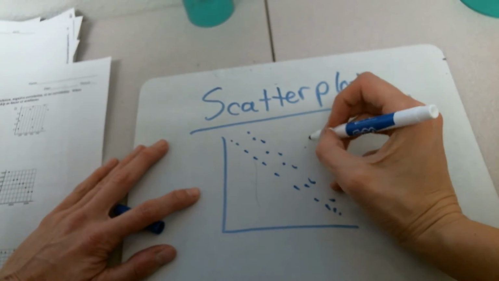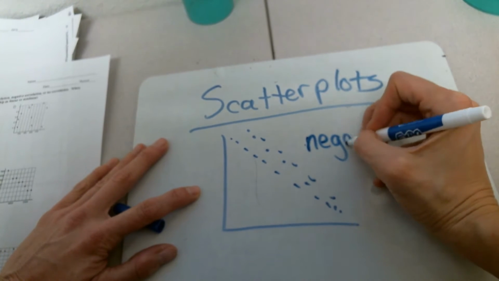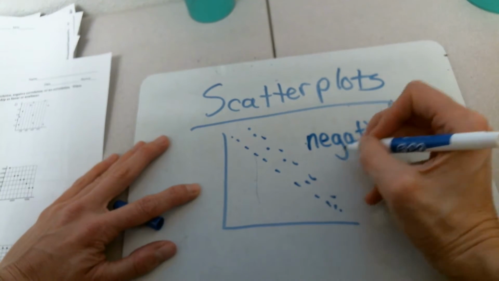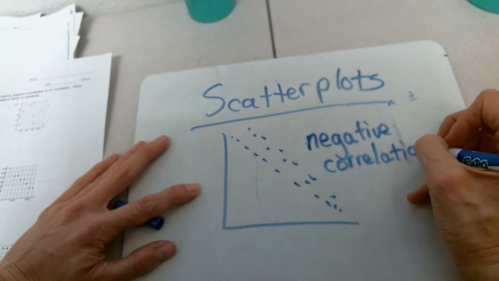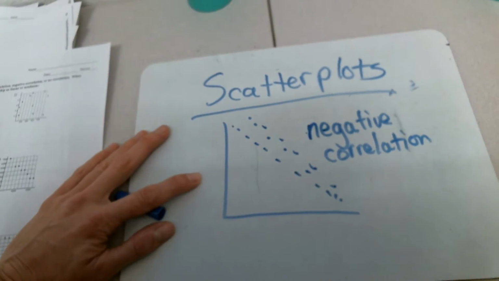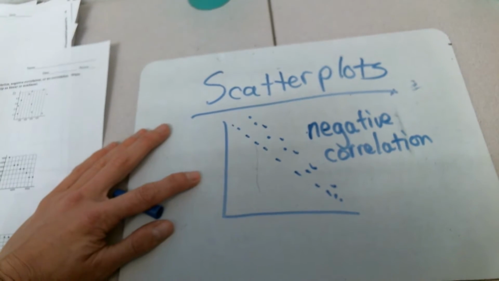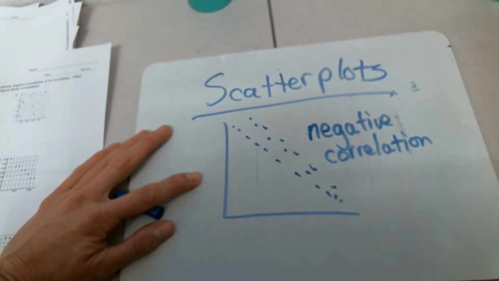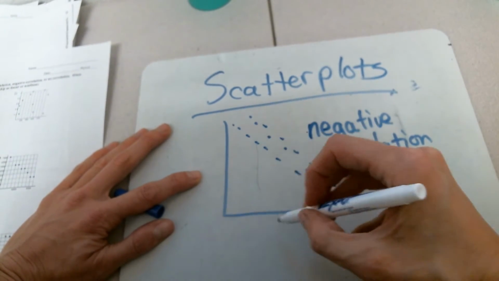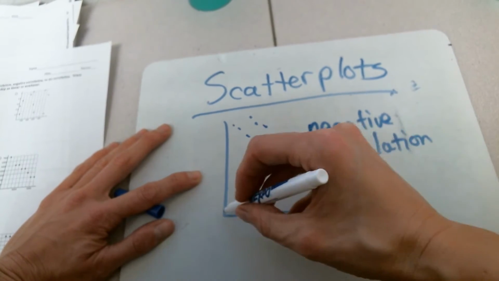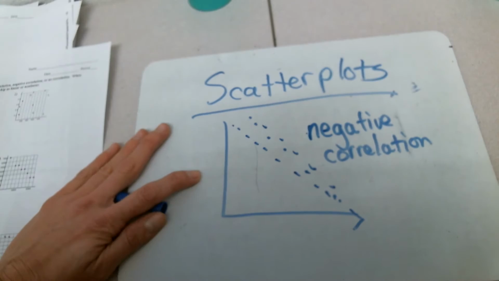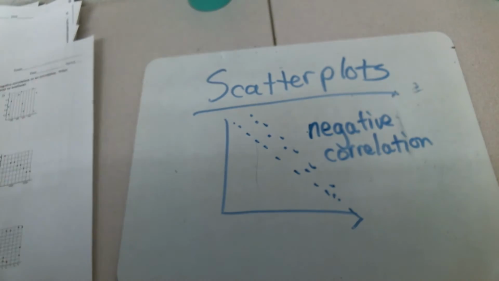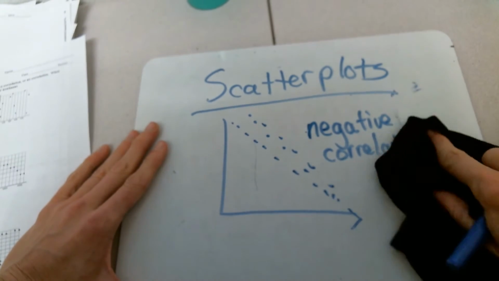We call this a negative correlation. You can look at it as if something's decreasing: as the x moves towards the right, the y is going down. Later we'll associate this with something called a negative slope, but for now we'll call that a negative correlation.